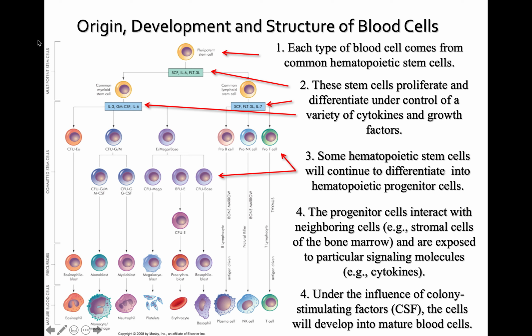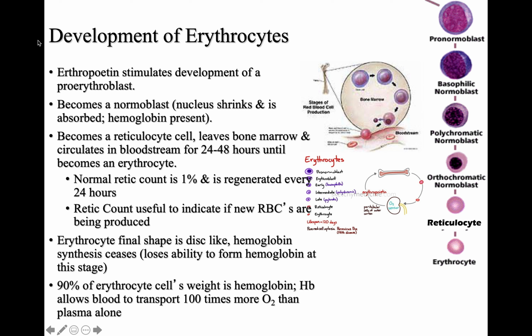Some hematopoietic stem cells will continue to differentiate into hematopoietic progenitor cells. And these progenitor cells interact with neighboring cells and are exposed to particular signaling molecules, again, our cytokines. Under the influence of our stimulating factors, again, CSF, the cells will develop into mature blood cells. And this is all assuming everything is normal.